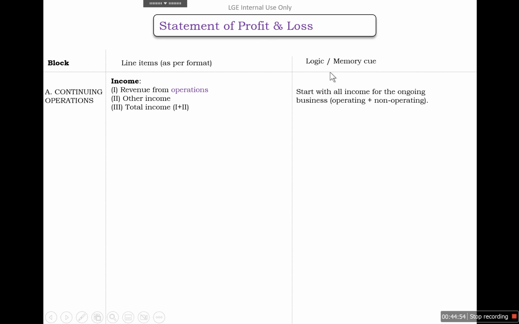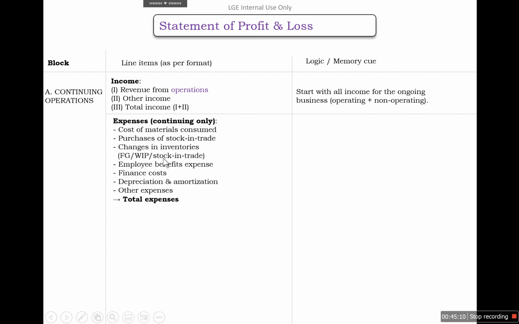I have mentioned a logic to memorize it. We need to first present the income from the ongoing business, operating and non-operating. So this block is for the continuing operations, and it will be presented first, then the expenses, and expenses will also be from the continuing business operations only.